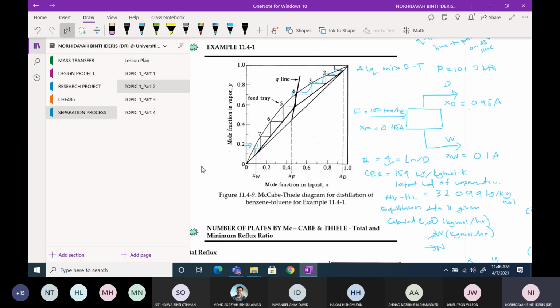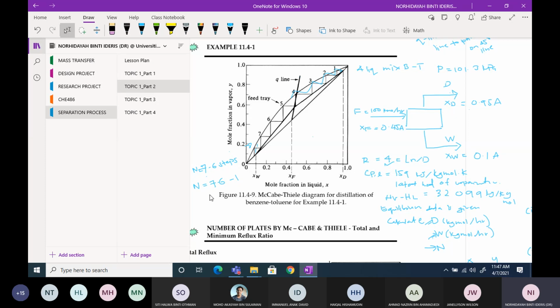So you have n equal to 7.6 steps, and usually this step is actually including the reboiler, because for continuous distillation you have the reboiler at the bottom part. Because this step includes the reboiler, your actual n is 7.6 minus 1.